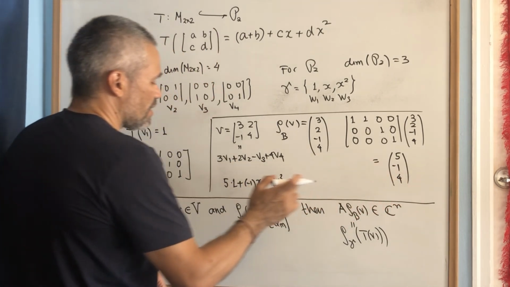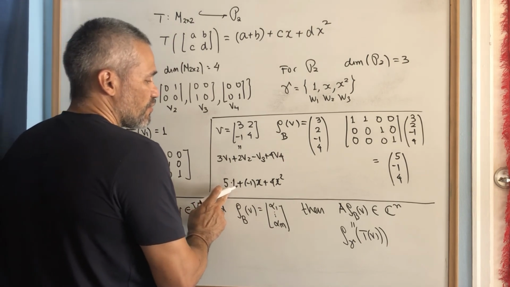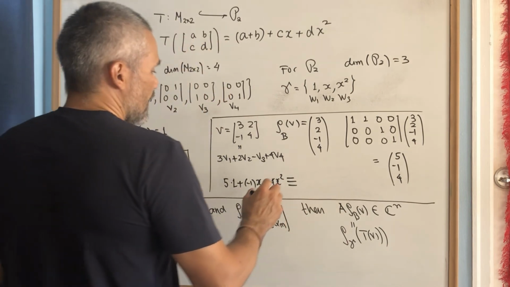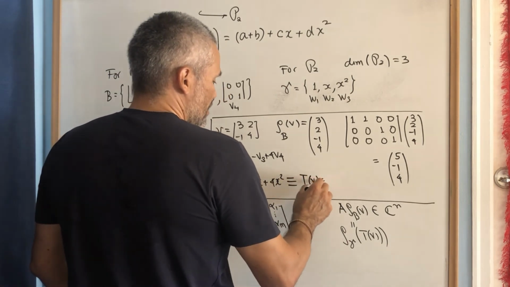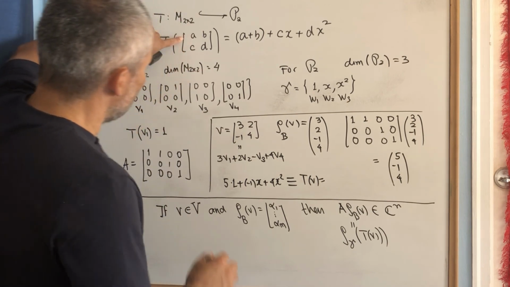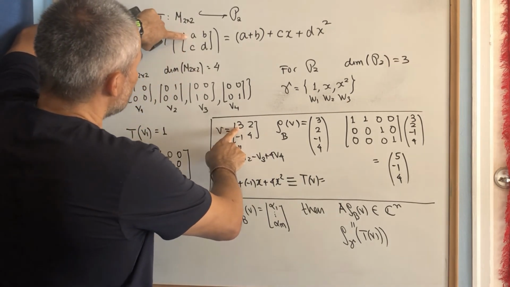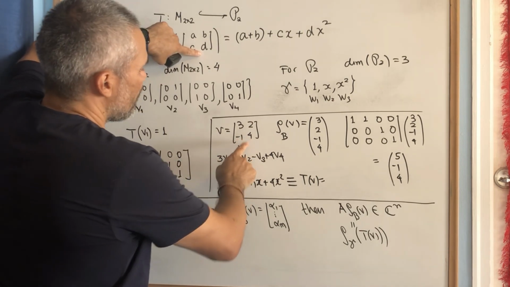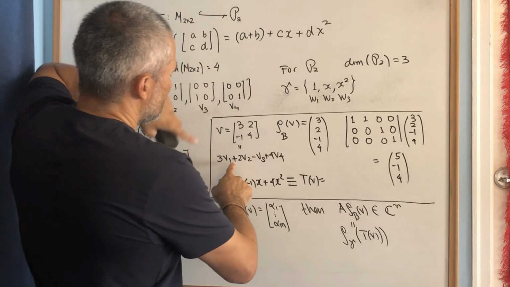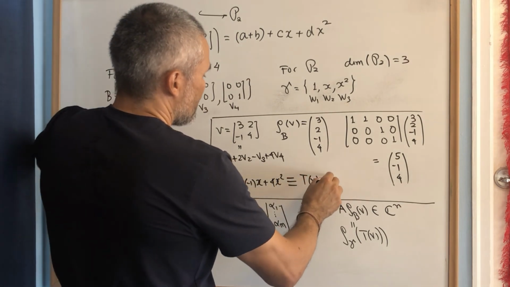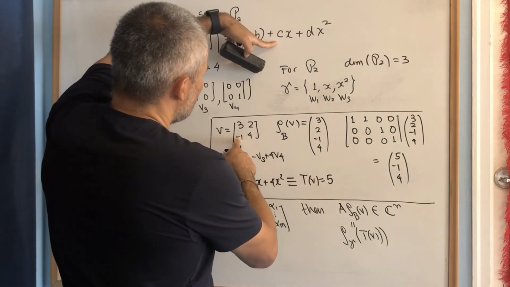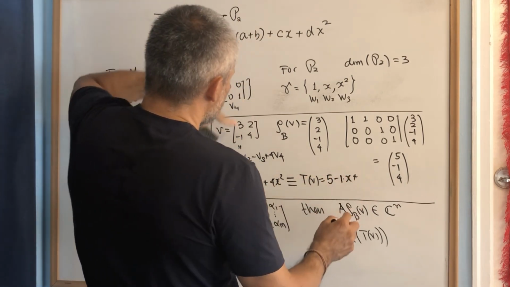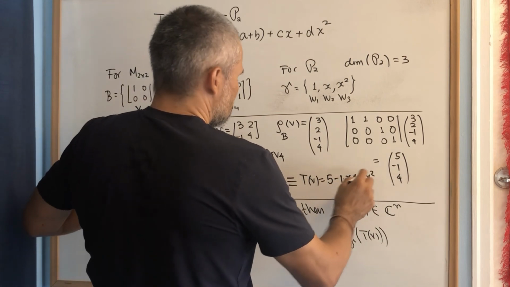But on the other hand, this is supposed to be equal to what I get when I do T of V. What do I get when I do T of V? If I do T of V, A is 3, B is 2, C is negative 1, and D is 4. Then I get A plus B, which is 5, and then C, which is negative 1, x, plus D, plus 4x squared.